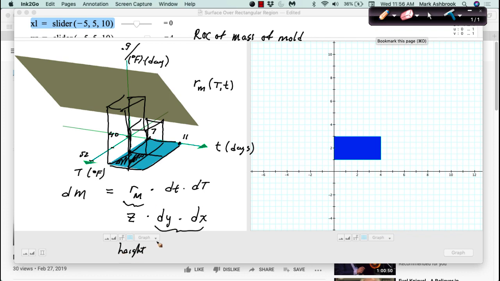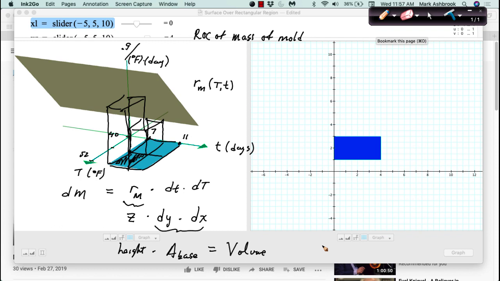So when we calculate these little amounts of accumulation using this multivariable rate function, the analogy in R3 is height times area of the base, which is the volume of a rectangular prism. Right? So it's like a tall rectangular tower.